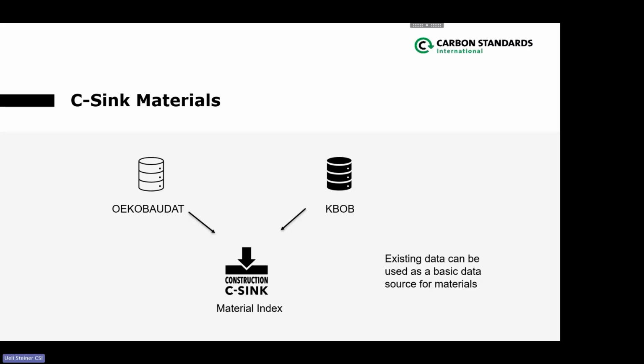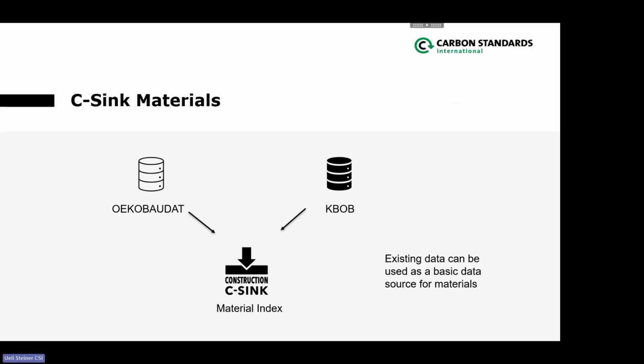To come back to the example of a hempstone, these data were not available, not in Ökobaudat and not in KBOB. That means it was necessary to calculate this and to enter the proper values in the material index for this producer that I will show you in the example.